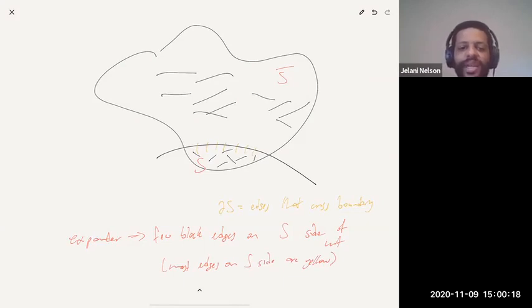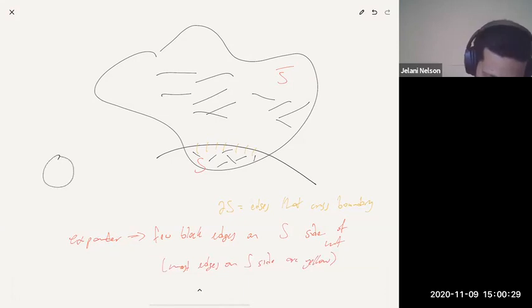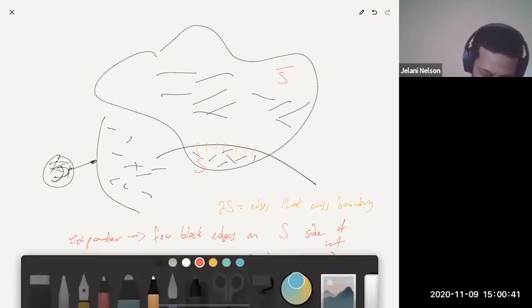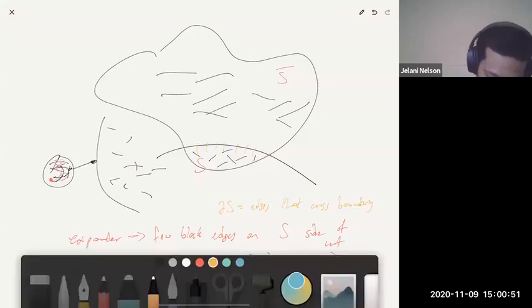It's related to spectral considerations because it's also related to the mixing time of random walks. Imagine you had a situation where here's S, there are a lot of edges in here, and it has one edge that leaves it to some much bigger region. Imagine that you did a random walk in the graph that started at some vertex in S. It's probably going to get stuck following all these black edges for a while before it finally crosses over this yellow edge.